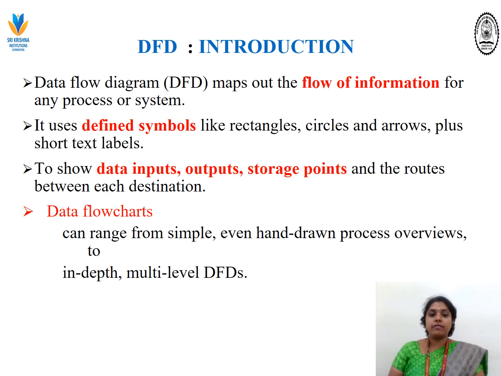And this data flow chart can range from a simple, hand-drawn process overview to an in-depth multiple-level DFD, so that we come to know how the data has been transformed from one destination point to another destination point through all the processes.